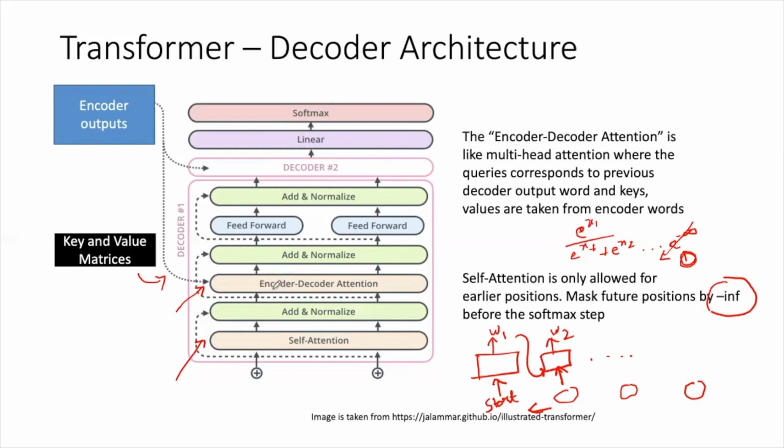Because we want to find a linear combination of the encoder vectors and find a contextual representation for the decoder words. Since the interaction is between encoder and decoder, that's the process that we carry out.